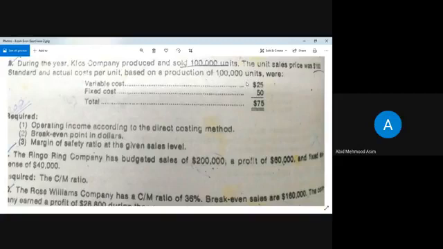Actual cost would depend on this actual production of 1 lakh units. The company produced as well as sold. Production is also 1 lakh units, and as they have sold all of their production, 1 lakh units are sold as well.